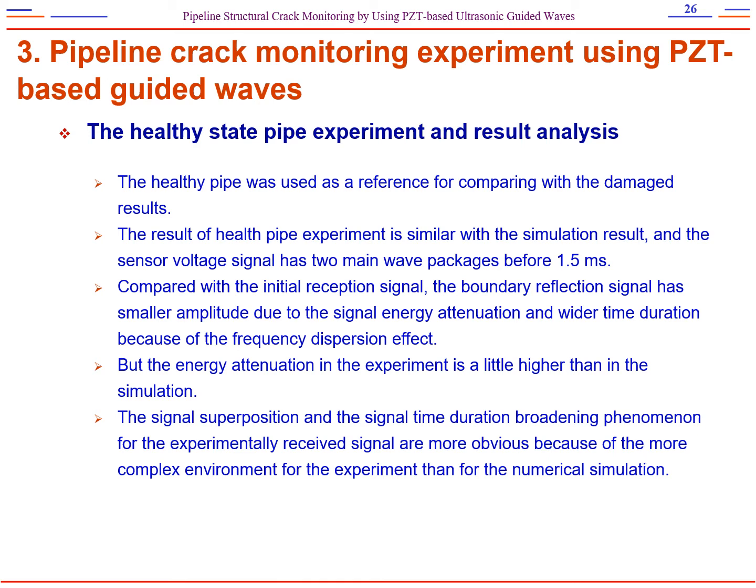Compared with the initial reception signal, the boundary reflection signal has smaller amplitude due to the signal energy attenuation and a wider time duration because of the frequency dispersion effect. But the energy attenuation in the experiment is a little higher than in the simulation.